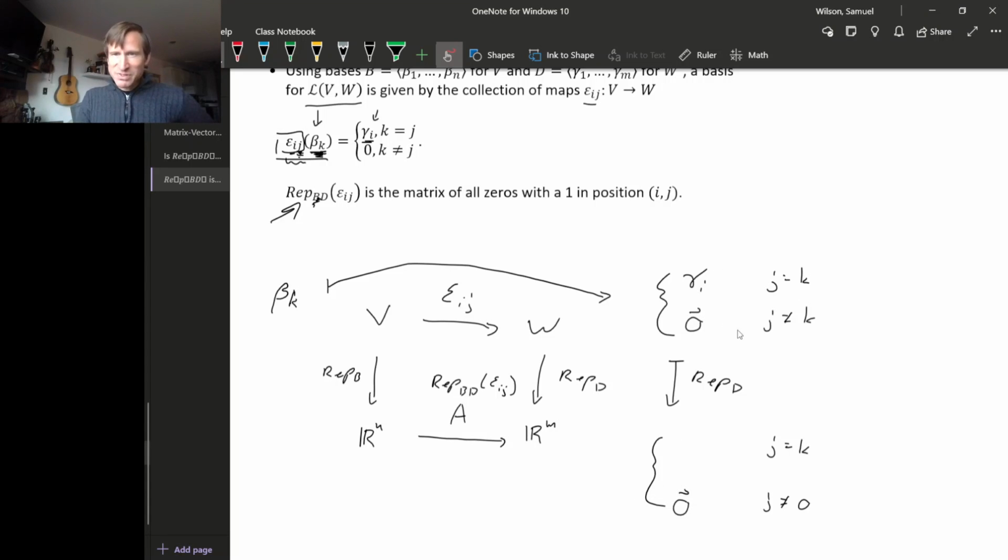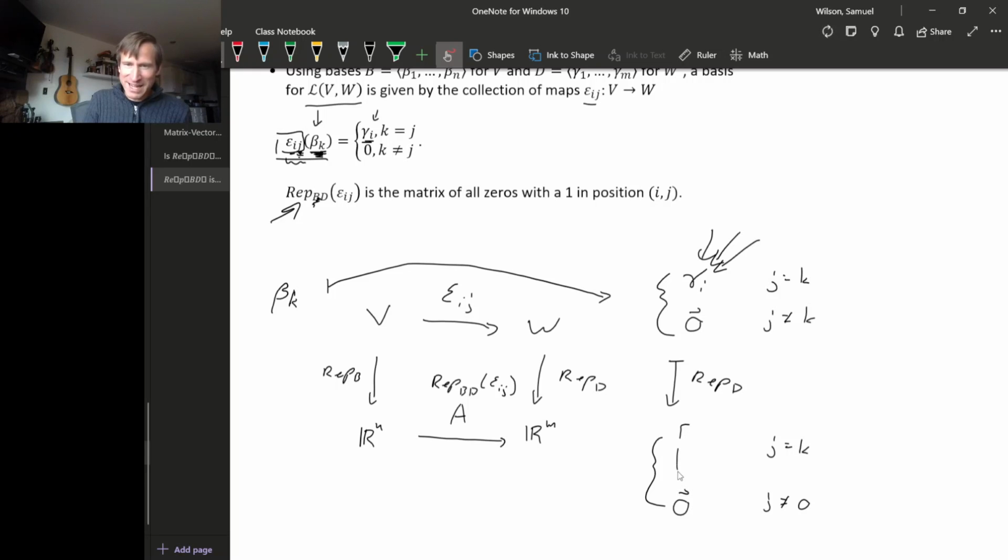All right, and what happens when j is equal to k? What does rep D do with gamma i? Remember, what rep D does is it writes this vector in terms of the basis D, which is the gammas, and it pulls off the coefficients. Since gamma i is a basis element, the only non-zero coefficient is the ith, and that coefficient is a 1.